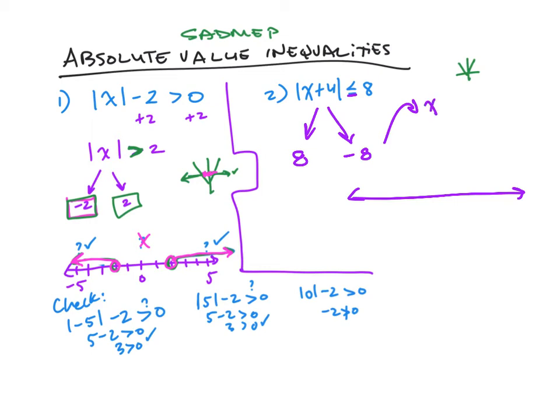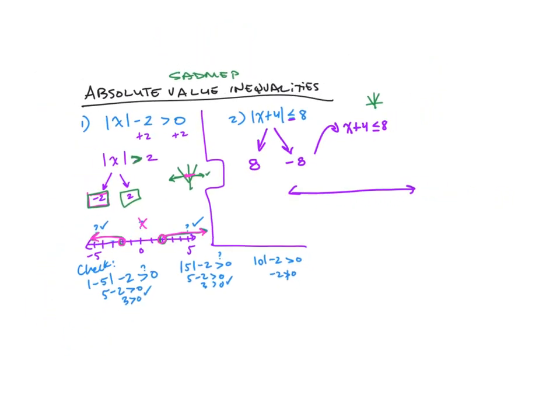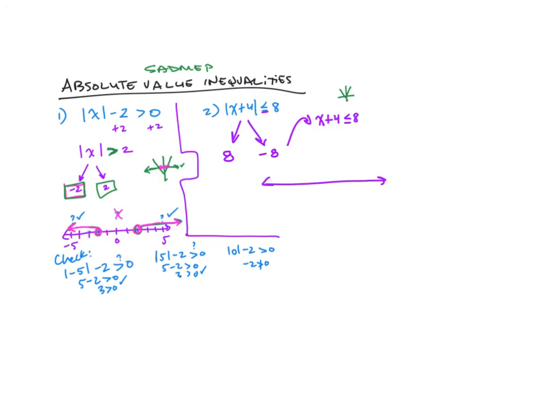So what's happening is that I have x plus 4 is less than or equal to 8. Or, I need to zoom out because I forgot. Or rather, x plus 4 is greater than, okay, so this is an important thing.